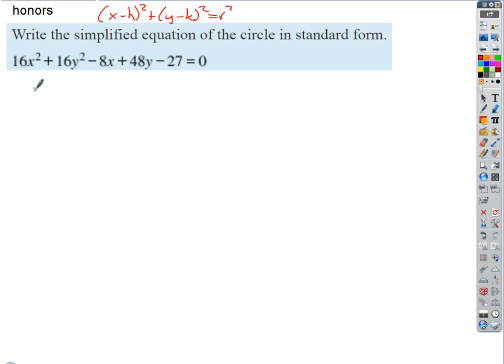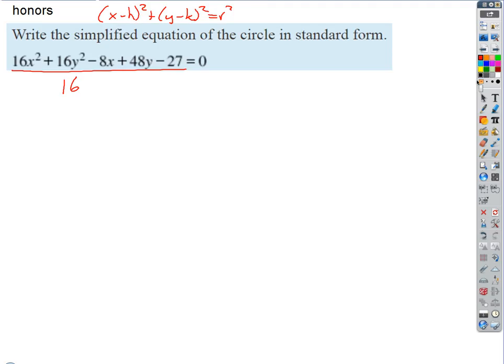So before I do anything, I have to divide this whole thing by 16, because I need this to be in the form of just an x squared by itself, right? Because I'm going to complete the square and get the quantity x minus h squared. So that's going to make this look good.